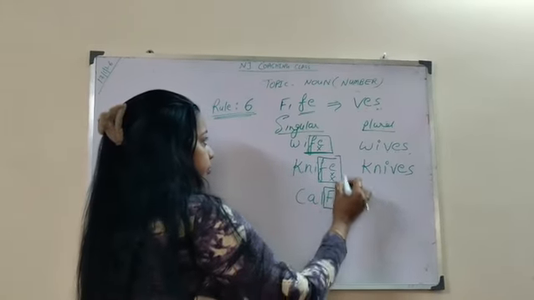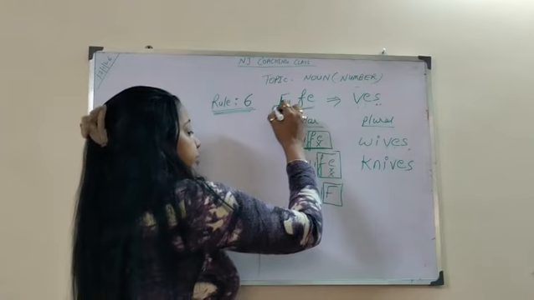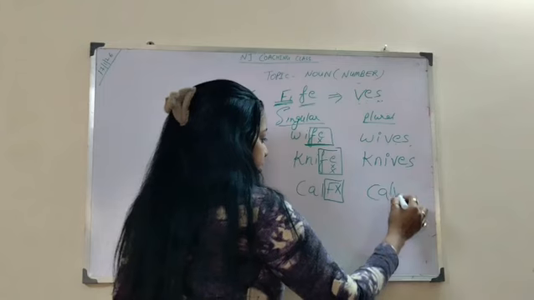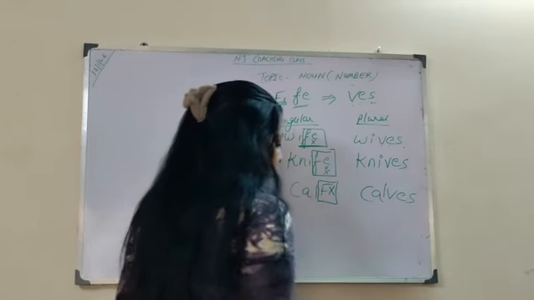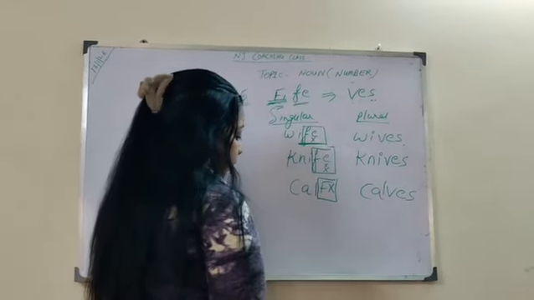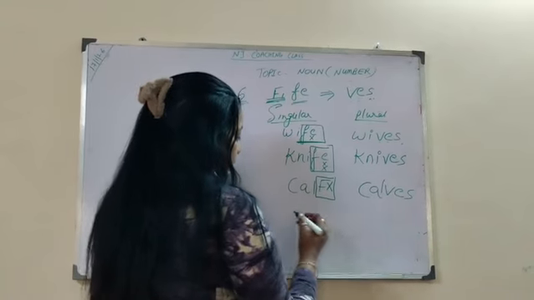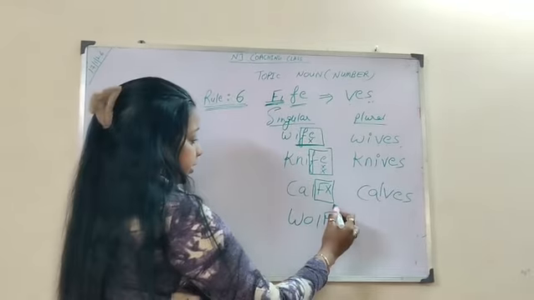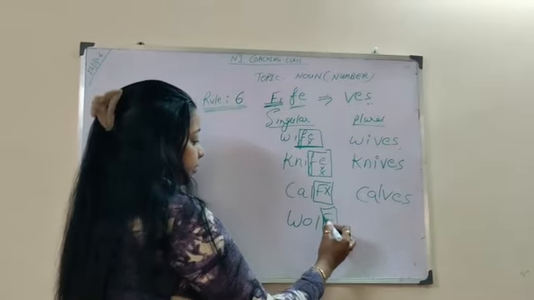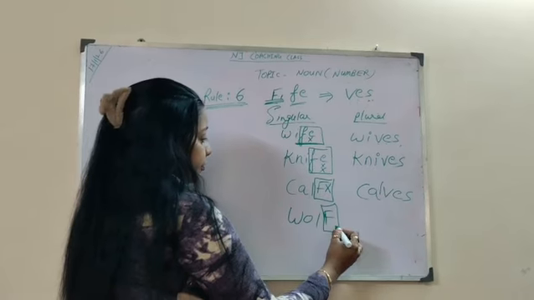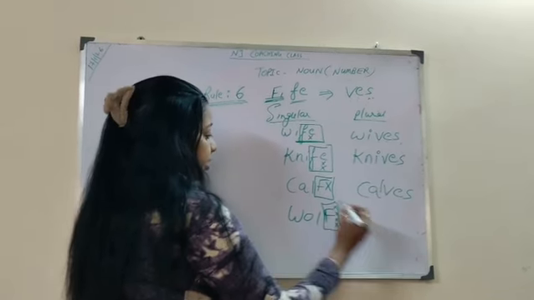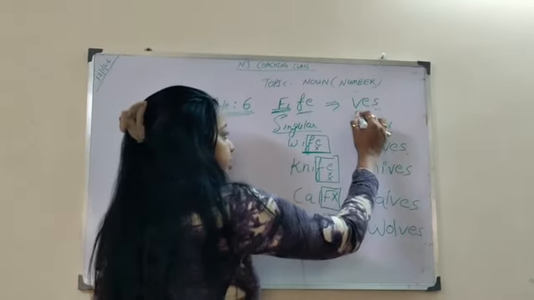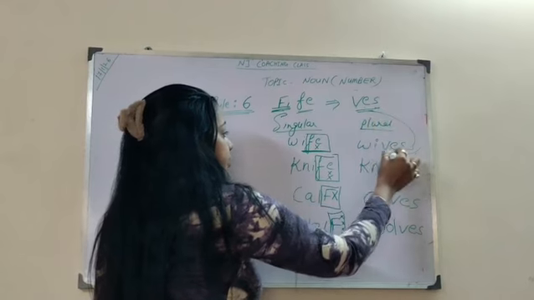F. So we have to remove this F and add VES. Calves. Okay. Likewise, if we say wolf, last alphabet is F. So we have to remove this F and add this VES.